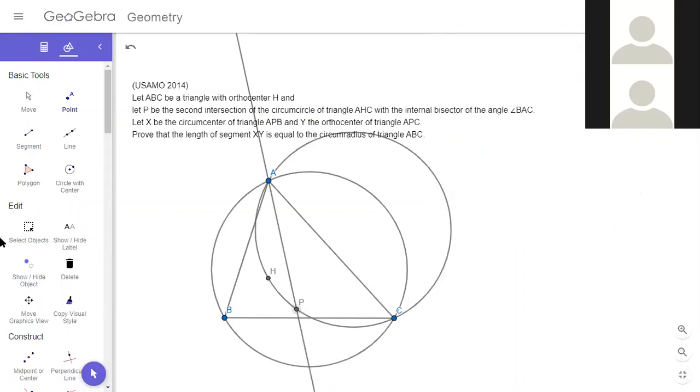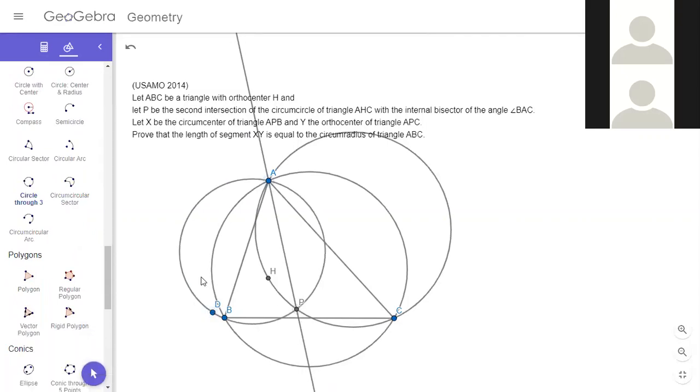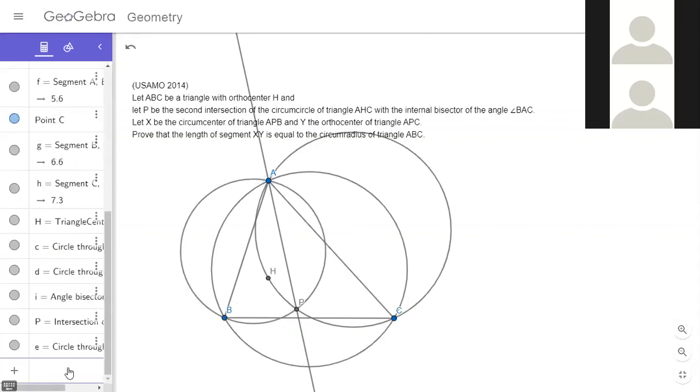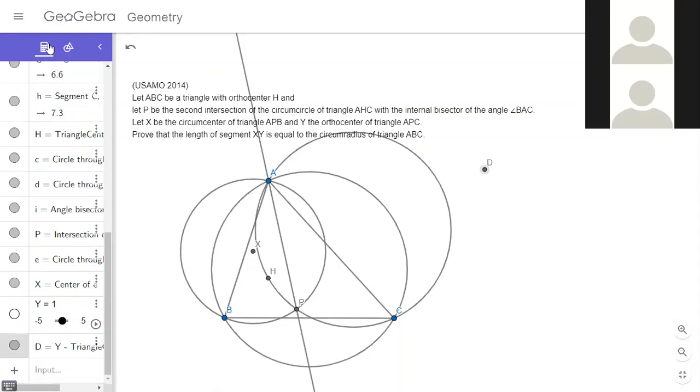And X is the circumcenter of APB, and Y is the orthocenter of APC. It's all the way out there. Wow, is that right? It's not doing it right.